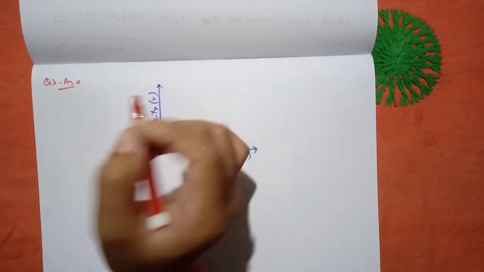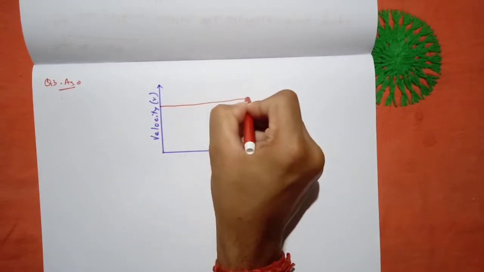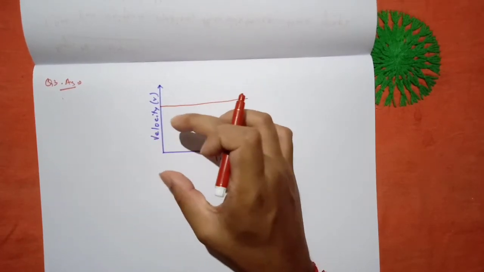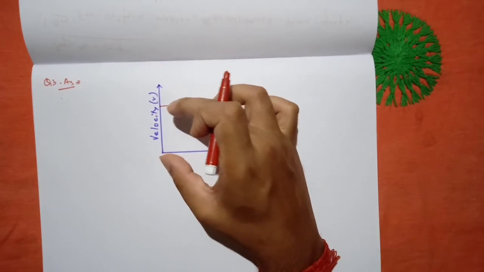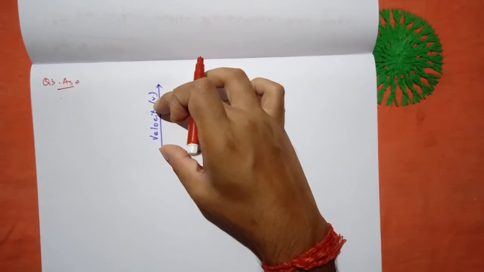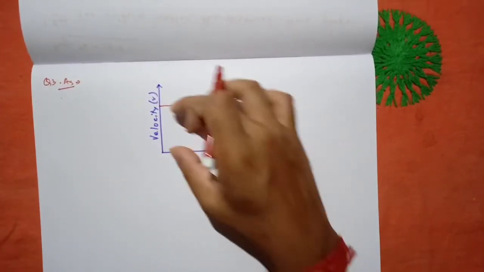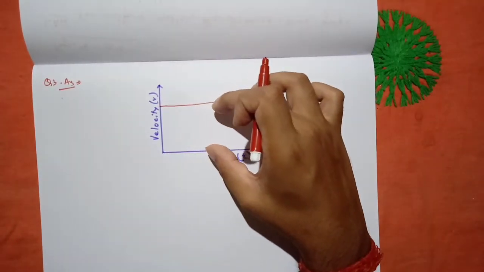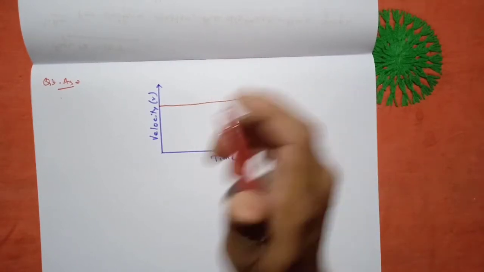The speed time graph can be plotted like this, because there is no change in the velocity in the y-axis at any point of time. In different intervals of time, the velocity is the same. Now it can be said that the object is in uniform motion.